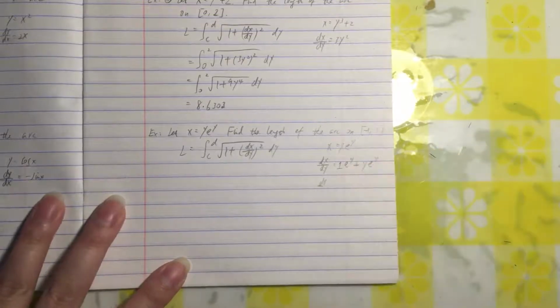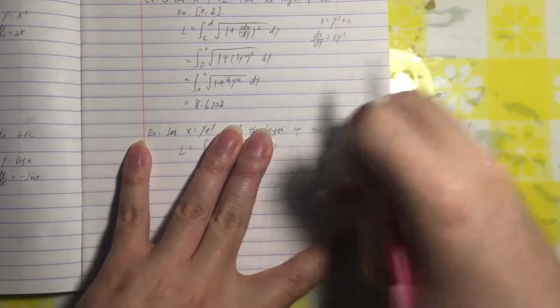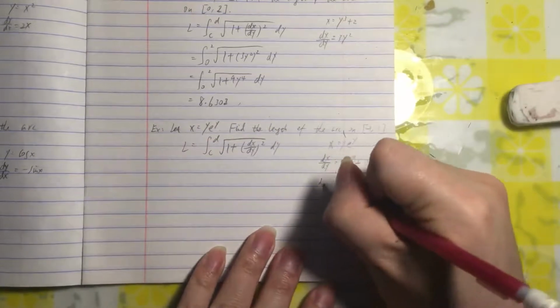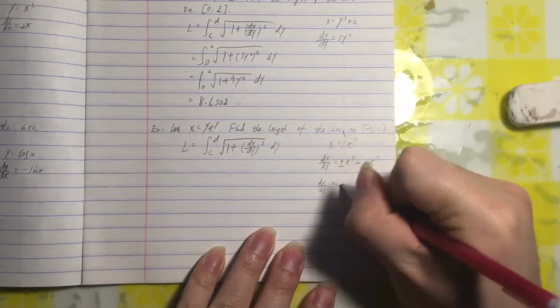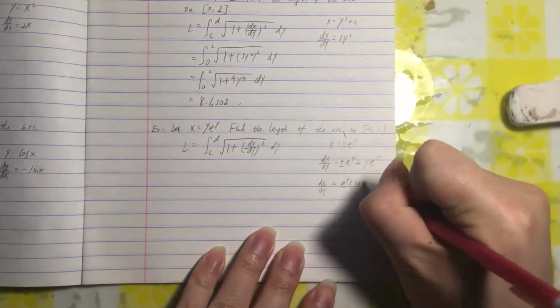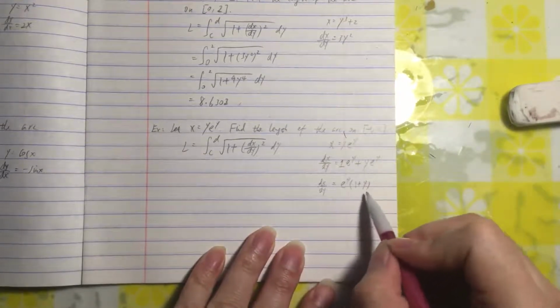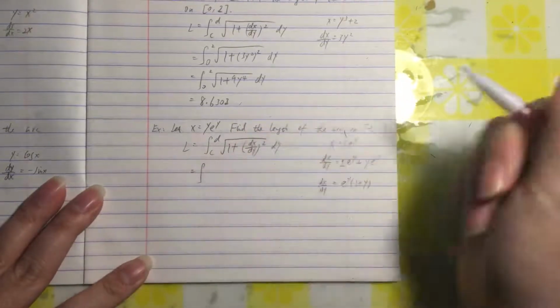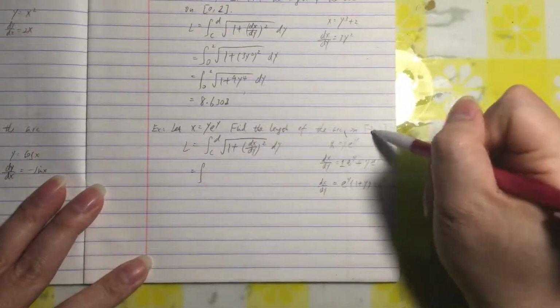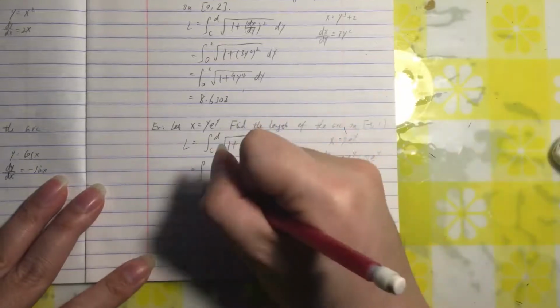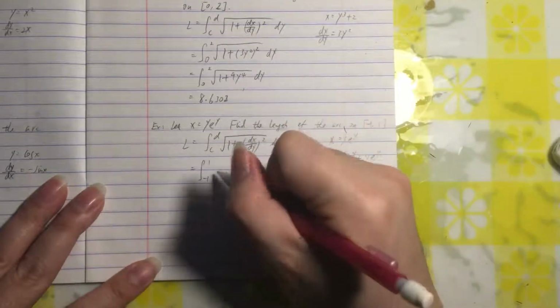It can be rewritten as e to the power of y times 1 plus y. I can factor e to the power of y out. I get 1 plus y in the parentheses. Then plug in. Here c and d is -1 and 1. So take integral from -1 to 1.